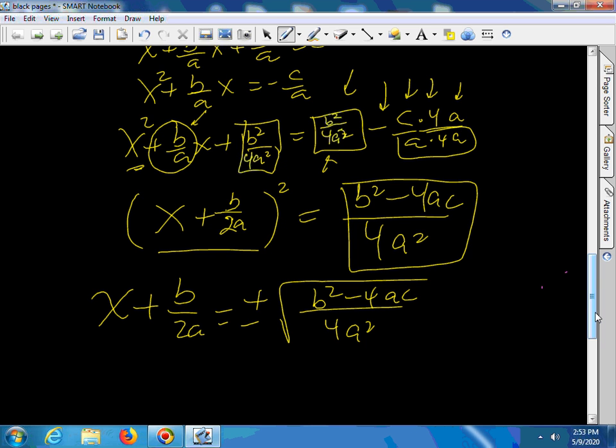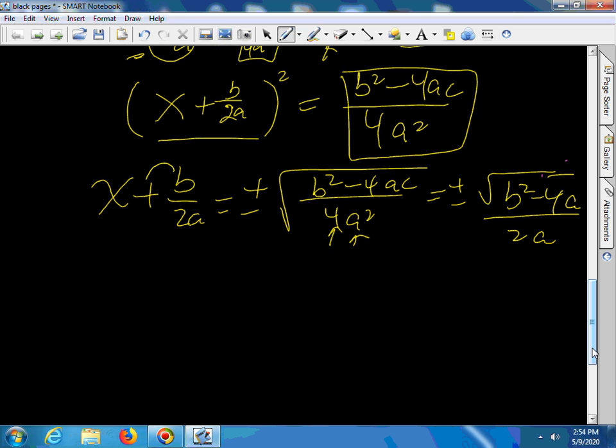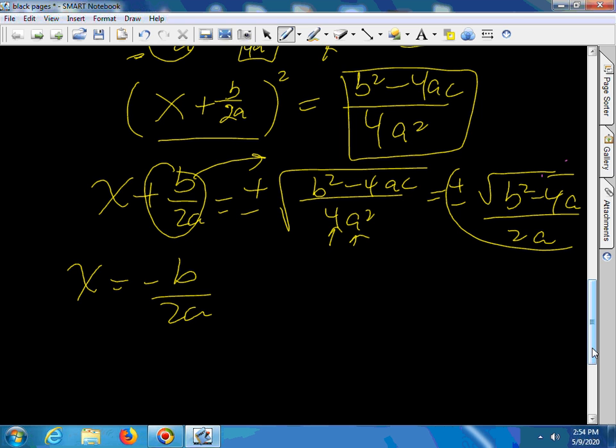Now, plus or minus. I do not know the square root of the top, but I do know the square root of 4a squared. The square root of 4 is 2, and the square root of a squared is a. Okay. So I'm going to finish up by bringing the b over 2a to the other side as negative b over 2a, plus or minus what was always on the other side.